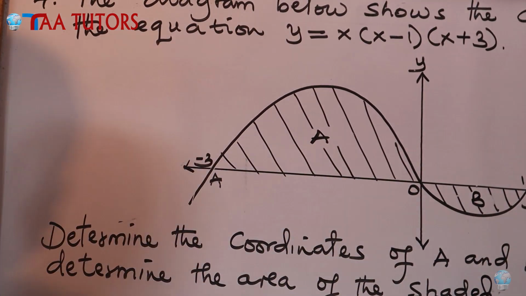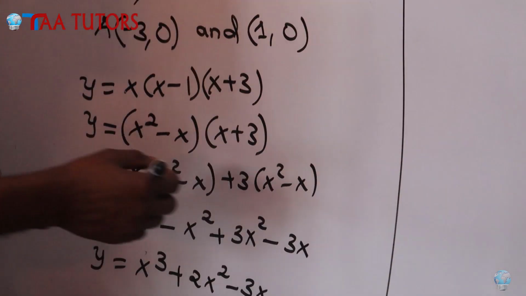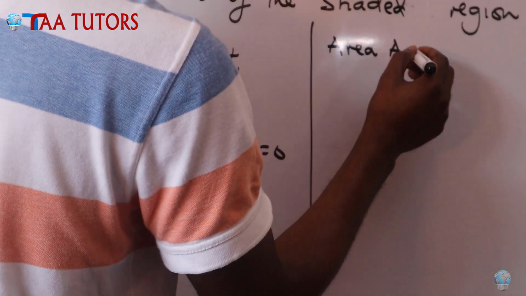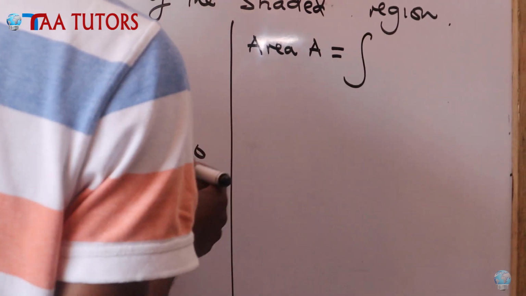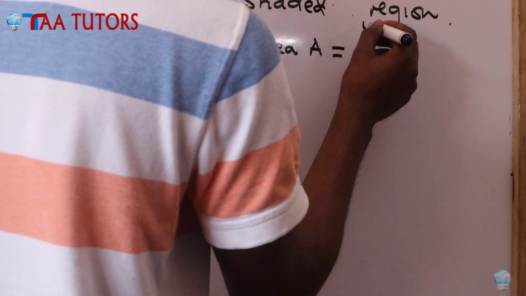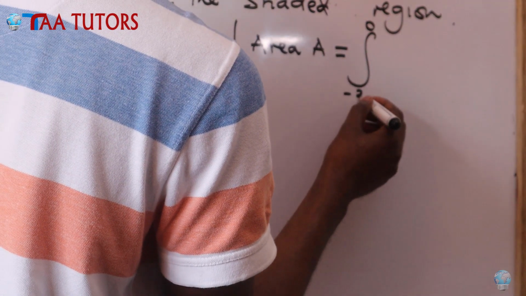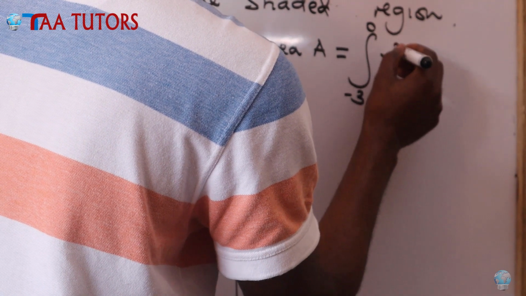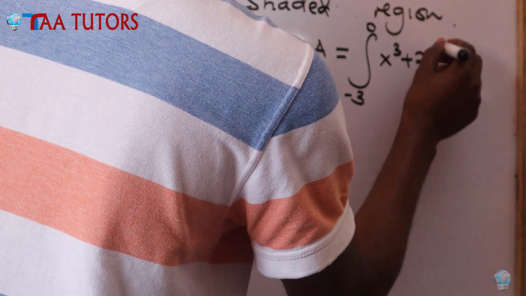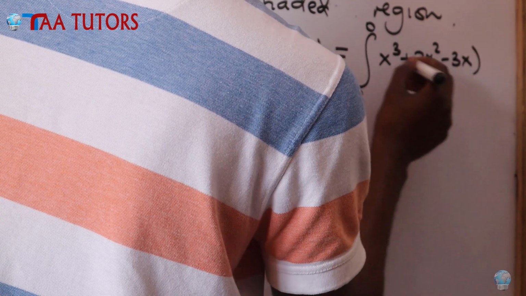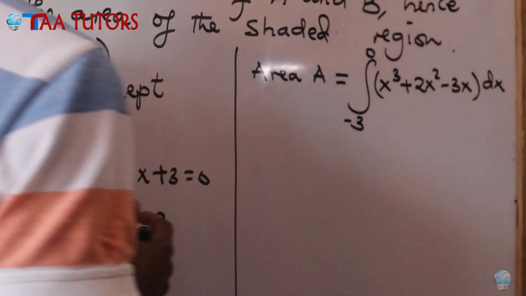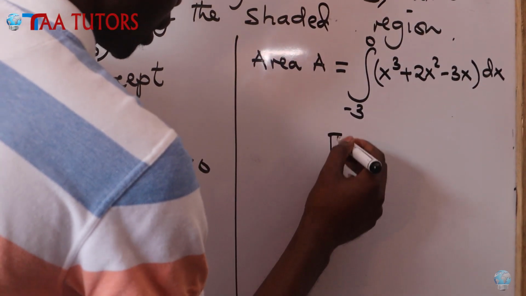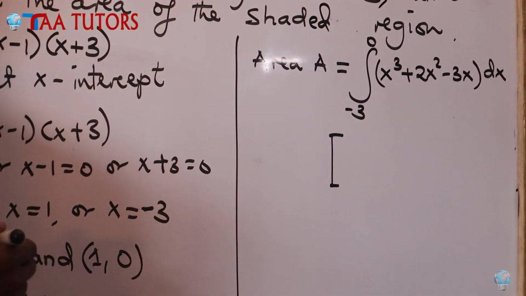So what we need to do now is look for area A. Area A should be the integral, where the upper limit is 0 and the lower limit is negative 3, of the function x cubed plus 2x squared minus 3x dx. Let's jump one step now.